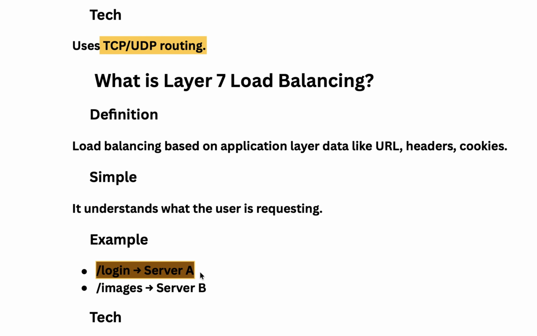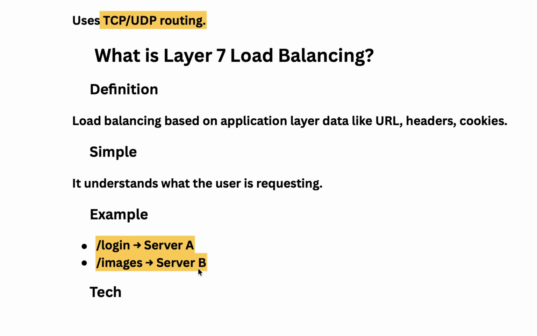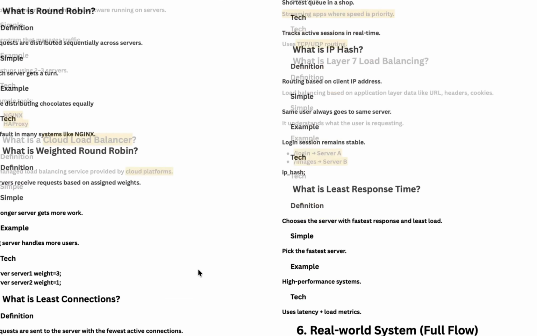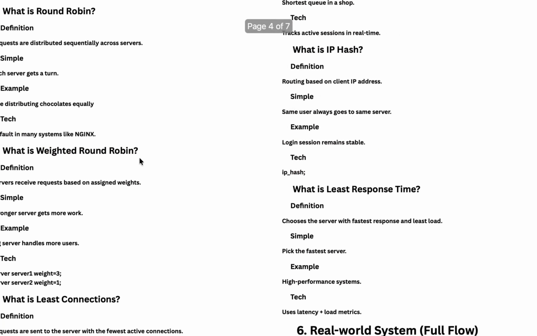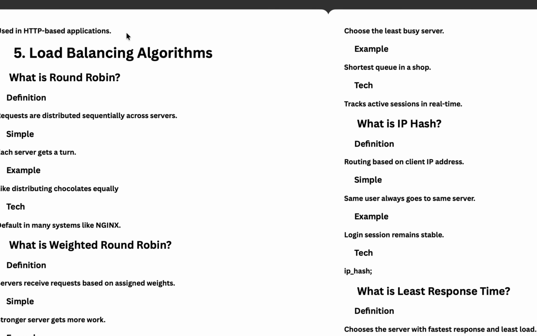Like here the login request will go to server A, or if the user is trying to fetch some image over the internet, it will redirect to server B. An example could be HTTP based applications that use this.